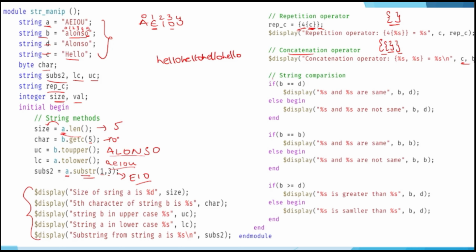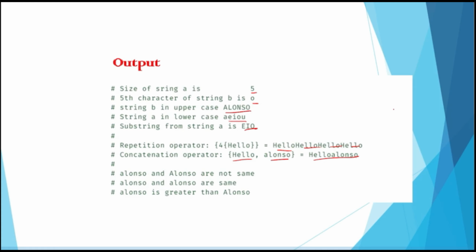So, for B equal to D, if you see here, B is this and D is this. When you see them, the spellings and the names are the same. But what is the difference here? The first one is lowercase, and the second one is uppercase. So that is why these are not the same.